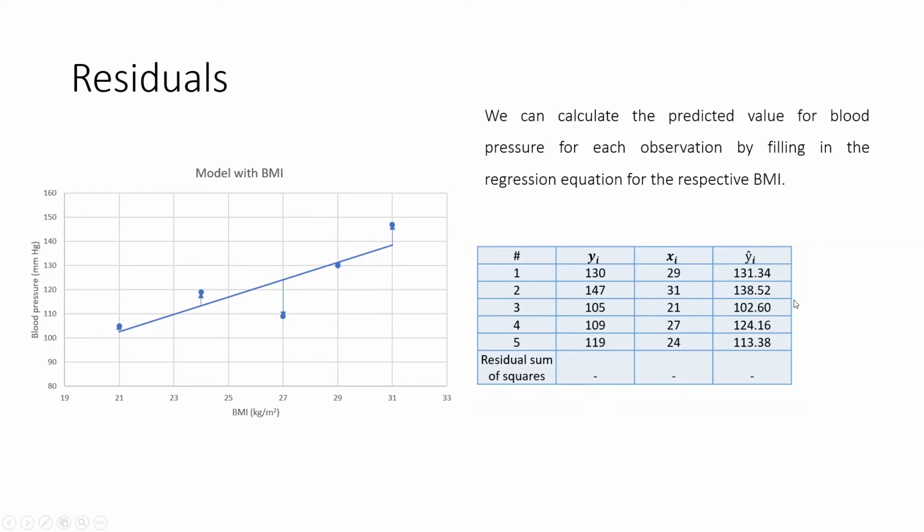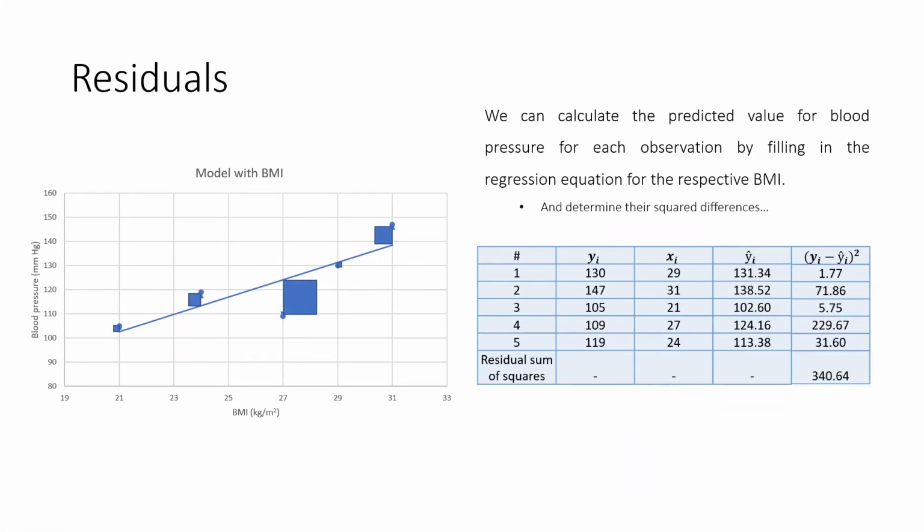So it's not exactly the same. It's close, but it's not exactly the same. There is some error, some residual. For observation 2, we see that their observed blood pressure was 147, while their BMI was 31. And we estimate based on this linear model that their blood pressure would be 138.52. And we repeat this process for each and every single observation.